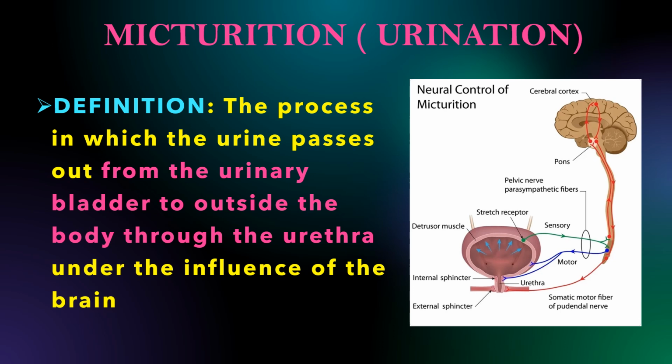The process in which urine passes out from the urinary bladder to outside of the body through the urethra under the influence of the brain. Yes, that is called micturition. Another term for micturition is urination. Very important.